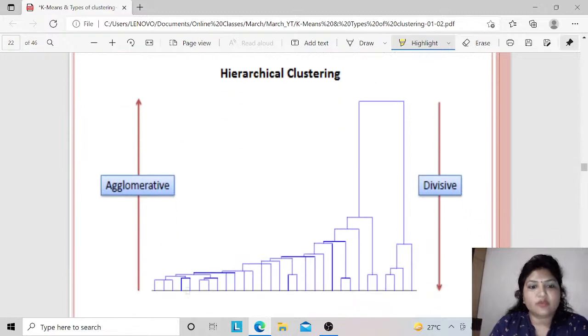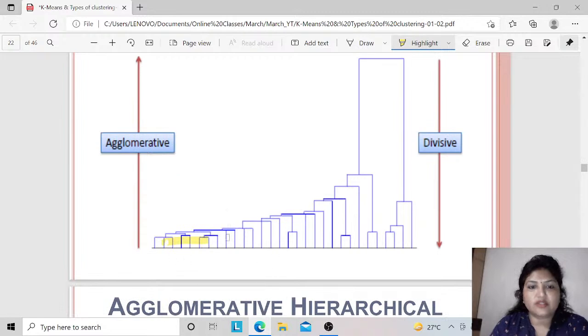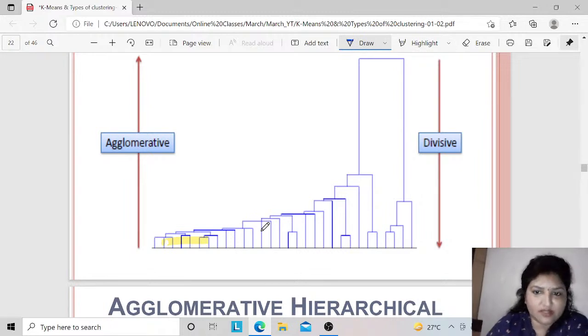Now this is called a dendrogram. A dendrogram is a graphical method to represent the hierarchy of clusters in the hierarchical clustering method, right?